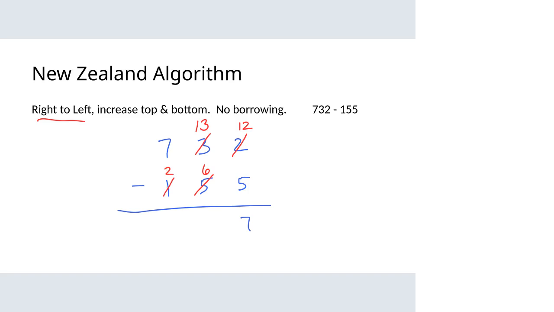All I did was make the top number bigger and make the bottom number bigger by the same amount. Now we can subtract that. 13 minus 6 gives me 7, and 7 minus 2 is 5, and I have 577. That's the same answer that we got when we used the standard algorithm for it.